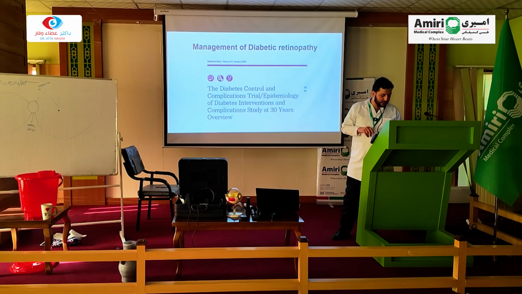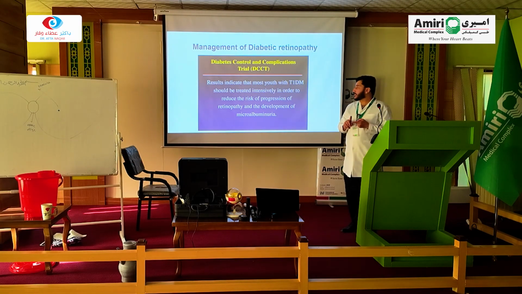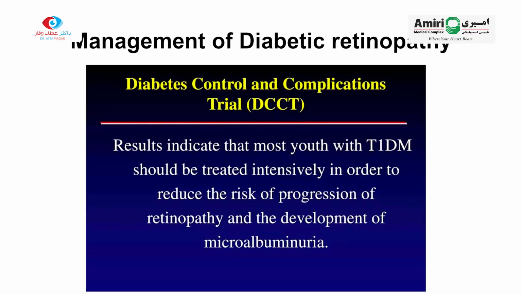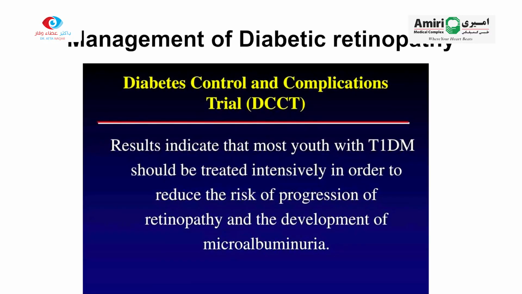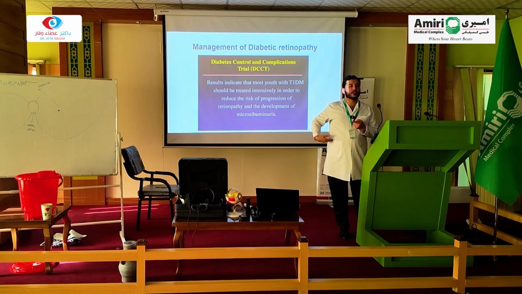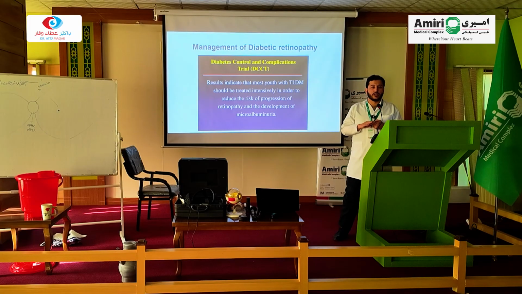In DCCT, they showed that in most youth with type 1 diabetes mellitus, if you intensively control glycemia, there will be fewer diabetic retinopathy changes and less microalbuminuria. If not, there are more diabetic retinopathy changes and more microalbuminuria.